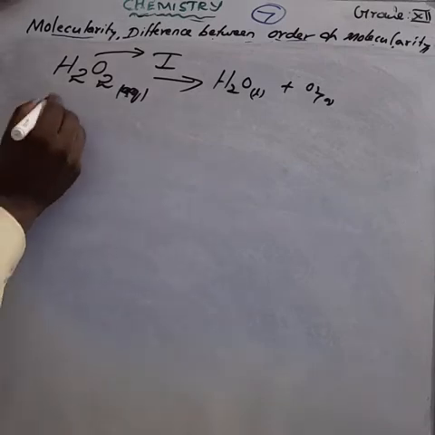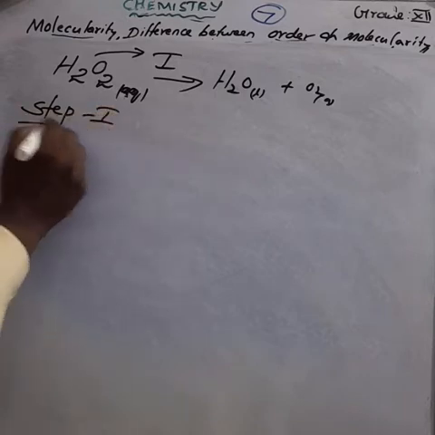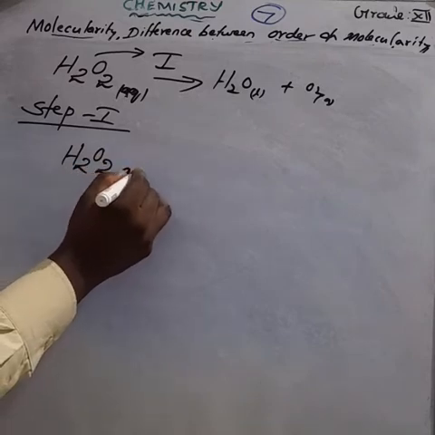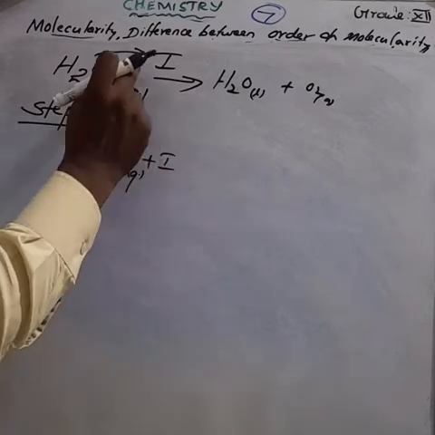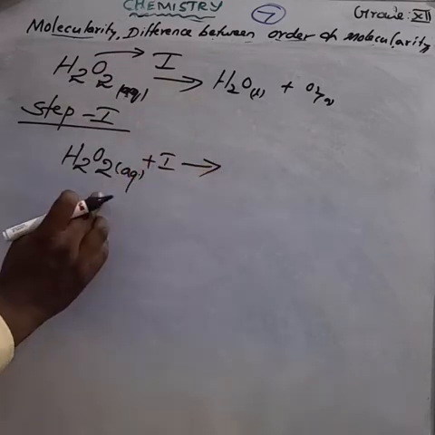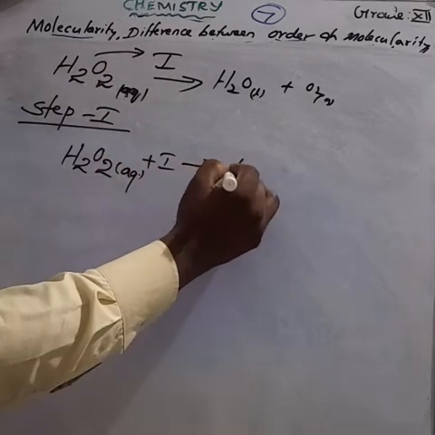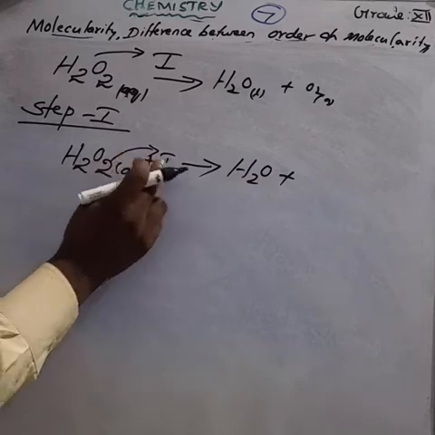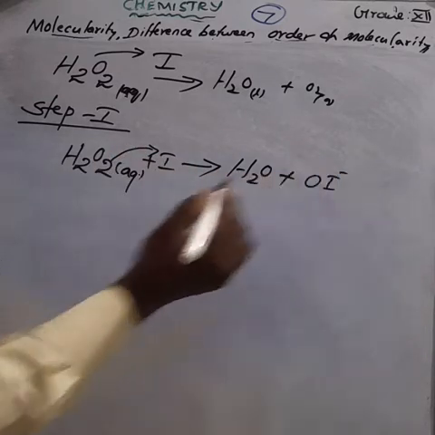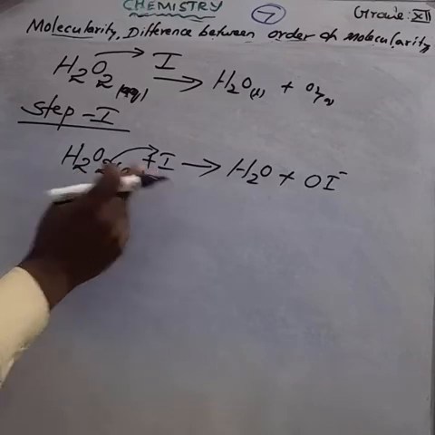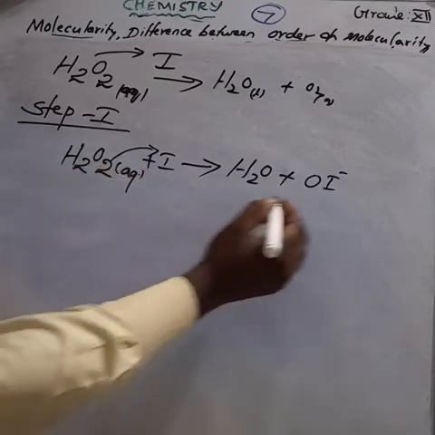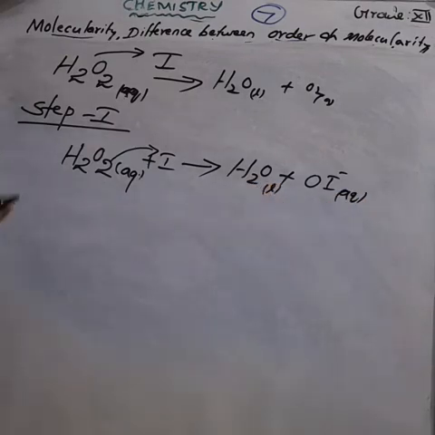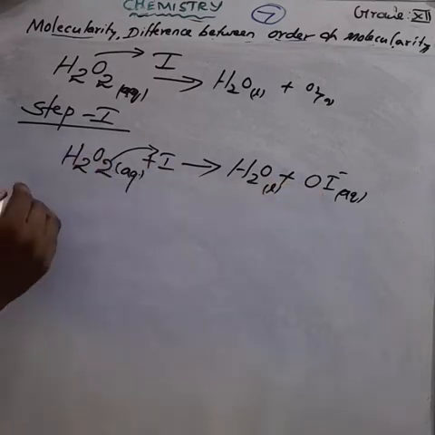Step 1. H2O2 aqueous plus I minus aqueous, one of the catalysts we are using, gives H2O liquid and OI minus, where oxygen combines with the iodine, OI minus, aqueous. This is the first step: hydrogen peroxide, I minus, H2O liquid, OI minus.